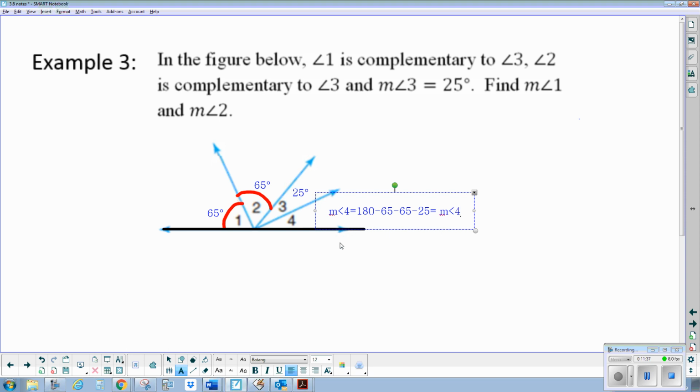It doesn't ask you to, but if you do this, you get that the measure of angle 4 is equal to 25 degrees, because together those 4 angles have to form a straight line. They add up to 180 degrees.